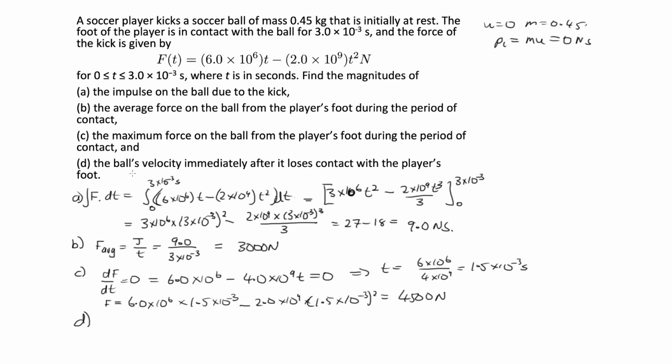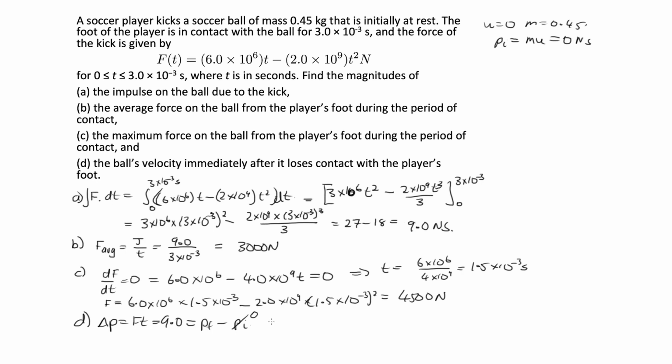Okay, part D, we're then asked to find the ball's velocity immediately after it loses contact with the player's foot. So we know the initial momentum was 0, and we know that the change in momentum is equal to the impulse. And we've calculated the impulse in part 1, so that's equal to 9. And so the change in momentum is the final momentum minus the initial momentum, but the initial momentum was 0.